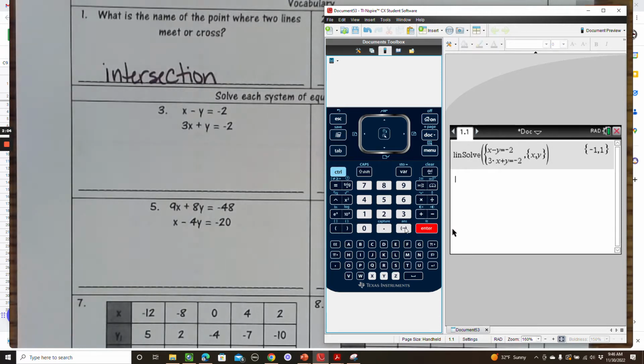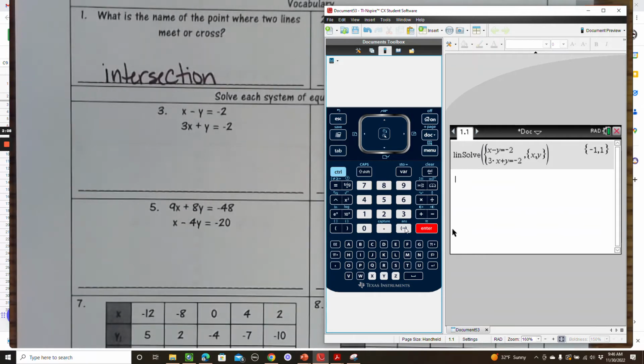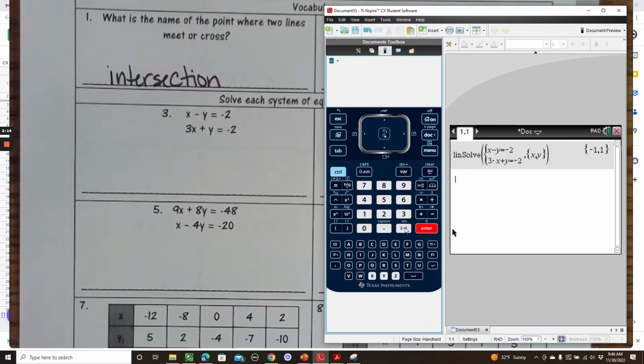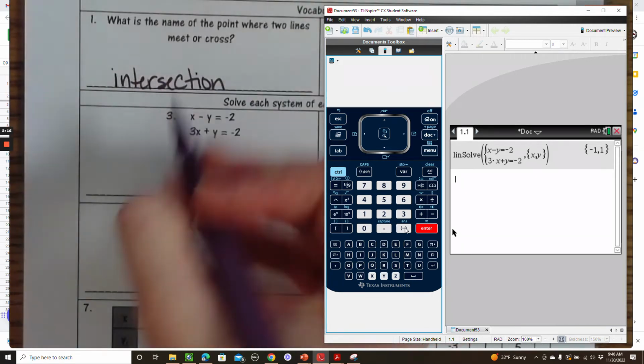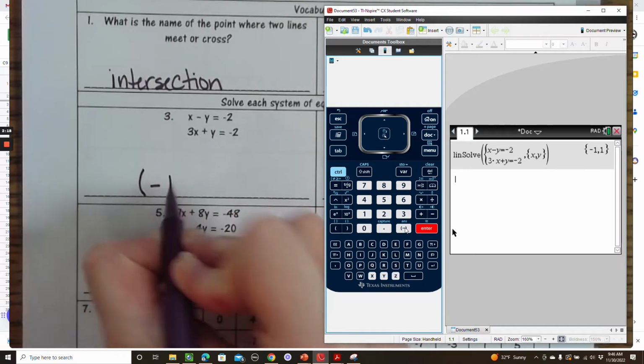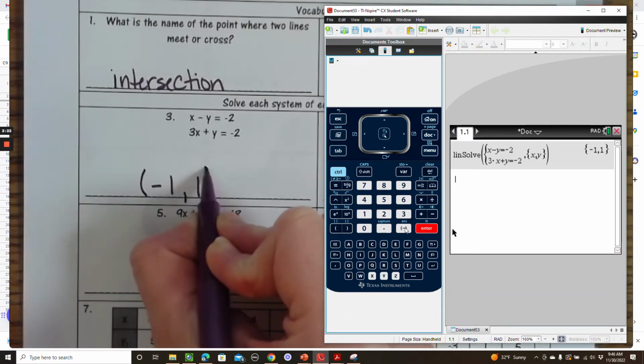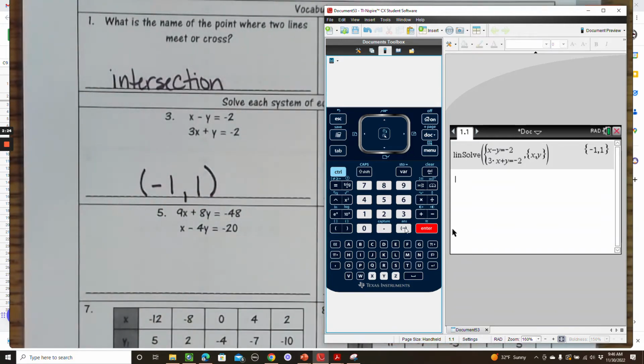And that's it. You can put standard form in this, which helps because I know we struggle with converting. I'm going to show you an easy way to convert from standard to slope-intercept. So negative 1, comma 1, and that's my answer.